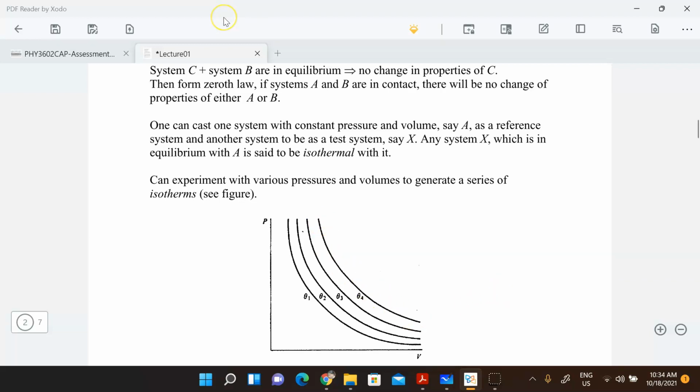Maybe I should first mention the ideal gas law: PV equals constant. I think everyone knows about this since high school. So you can plot this type of curve, and you have almost hyperbola-type curves. Essentially this constant is dependent on your temperature.